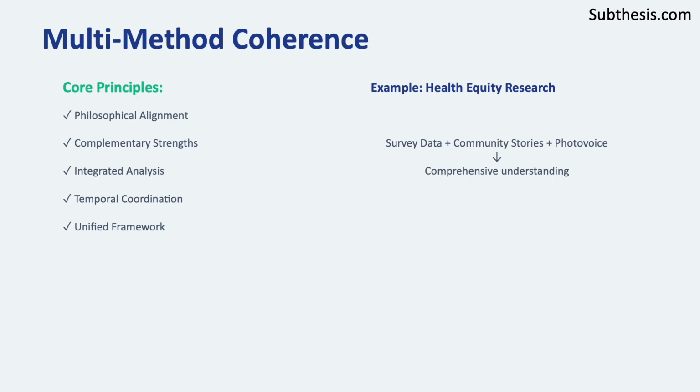Multi-method coherence ensures your diverse methods work together synergistically. This requires philosophical alignment, where methods share compatible assumptions, complementary strengths, where each method addresses others' limitations, integrated analysis, where data streams inform each other throughout, temporal coordination to maximize cross-method insights, and a unified theoretical framework guiding all methods.